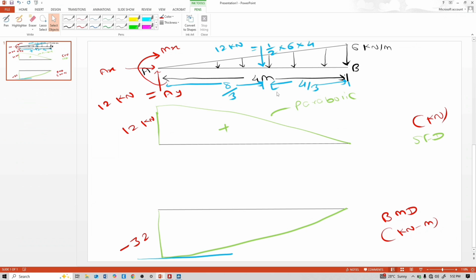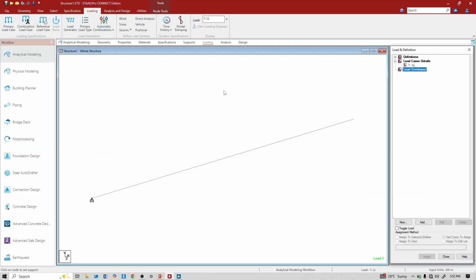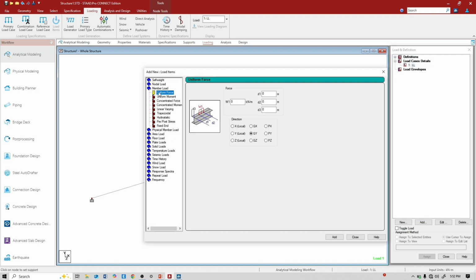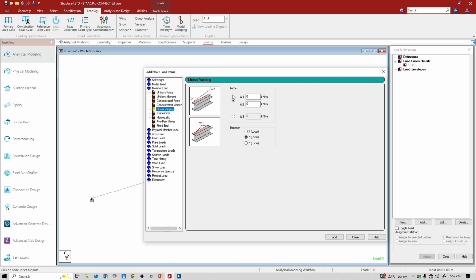So in this uniformly varying load, at point A it is 0 and at point B it is 6 kN per meter. Member load, linear varying, at W1 it is 0 and at W2 it is -6 in the Y direction.